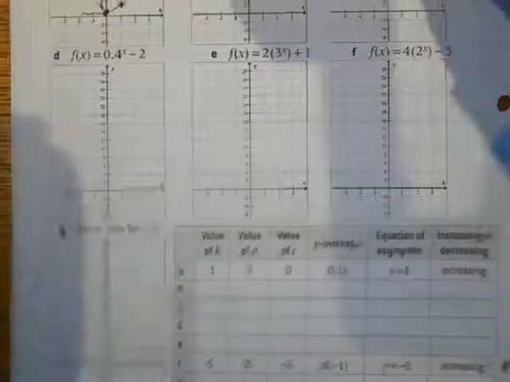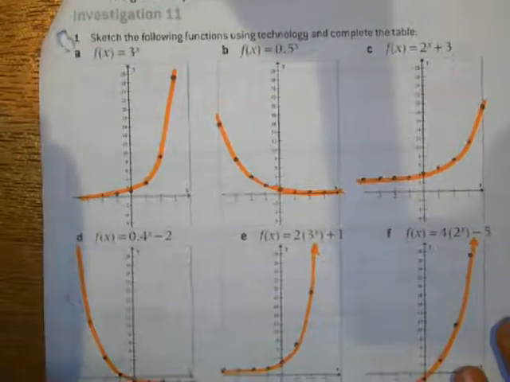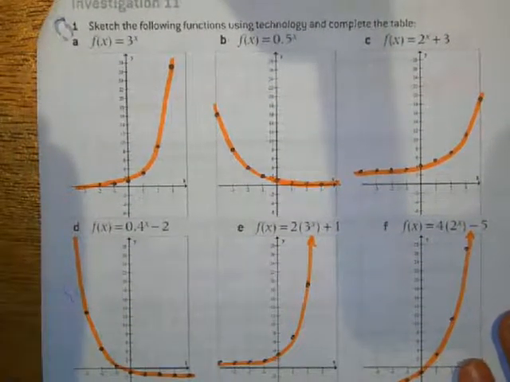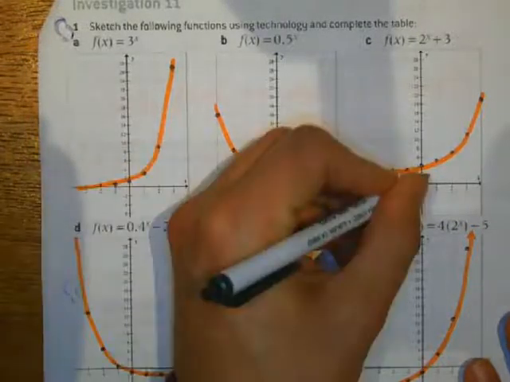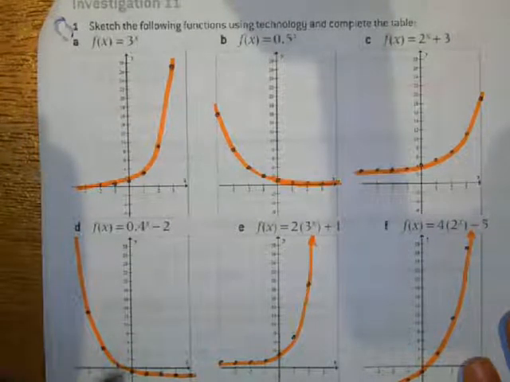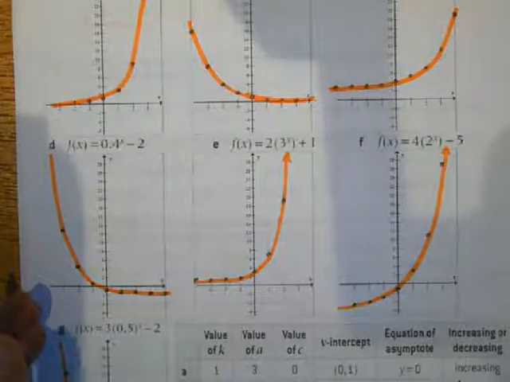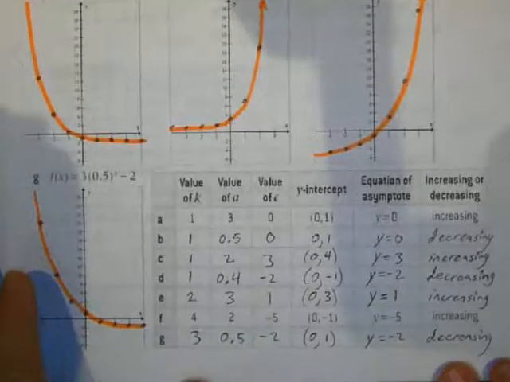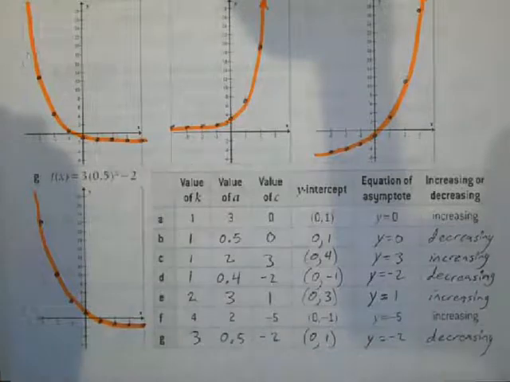Now that you've tried this on your own, I want you to check your graphs. As I said before, the most important thing is that you've got the y-intercept correct, and whether it's growth or decay. As you do this, you should fill out your table. Please check your table. We're going to be looking at our y-intercepts and our asymptotes here.